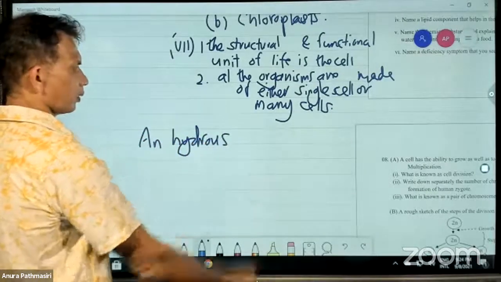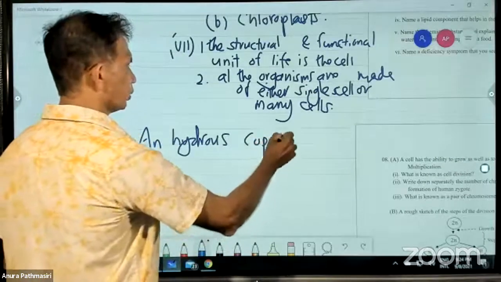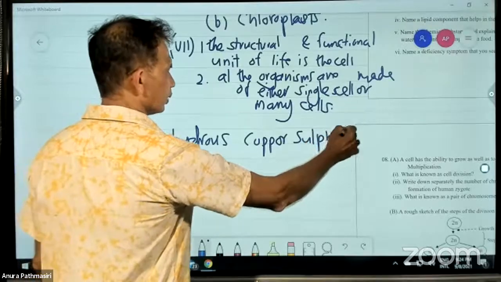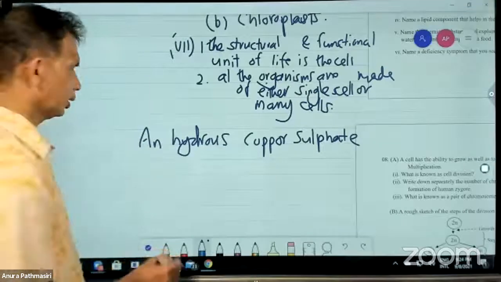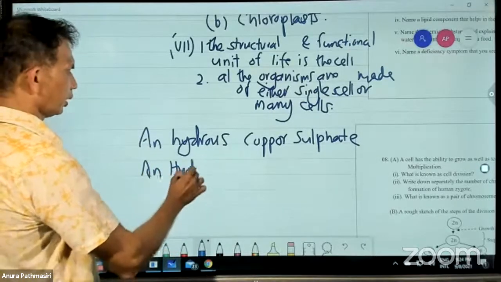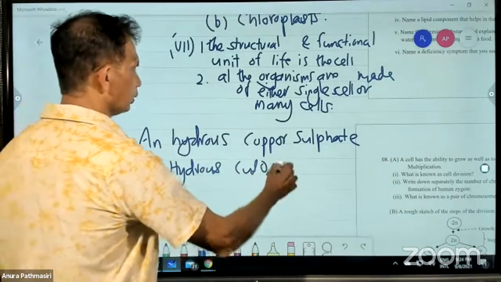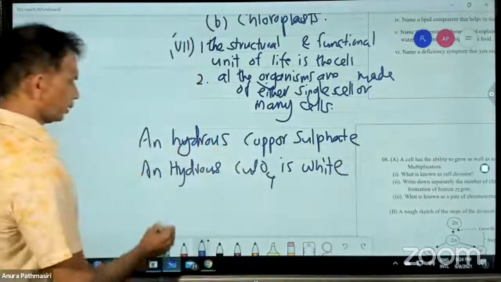Copper chloride or copper sulfate. Anhydrous copper sulfate, which is white. So the observation: anhydrous CuSO4 is white.